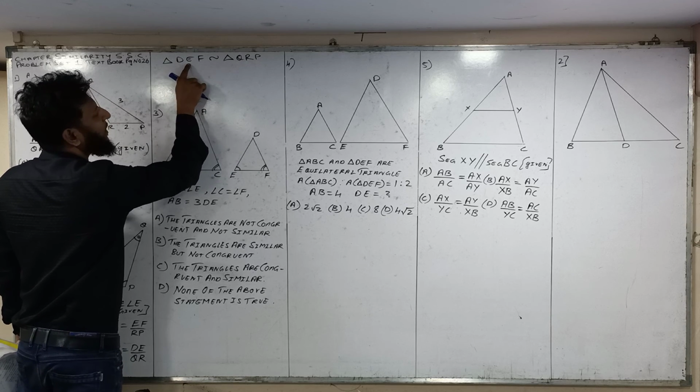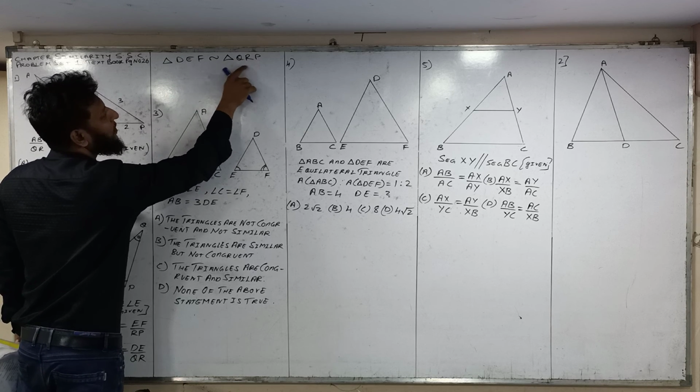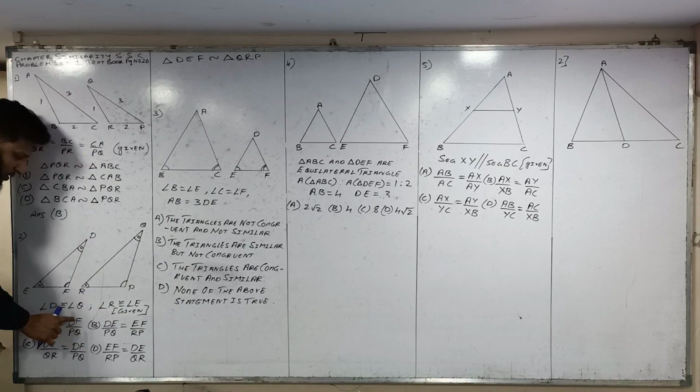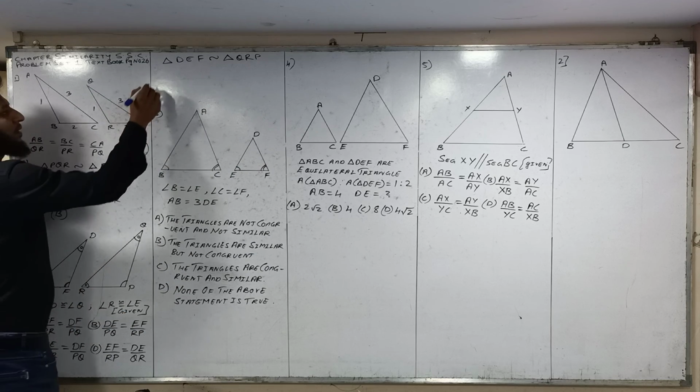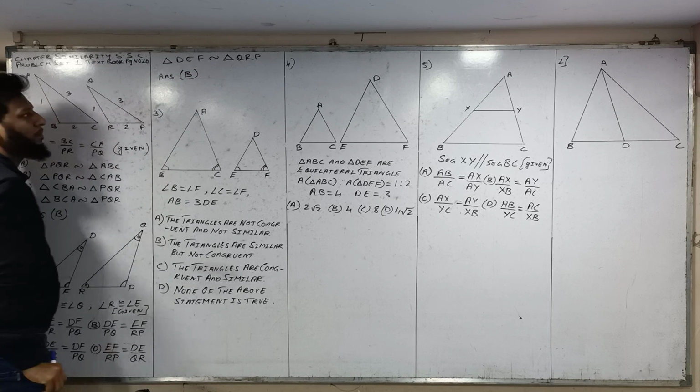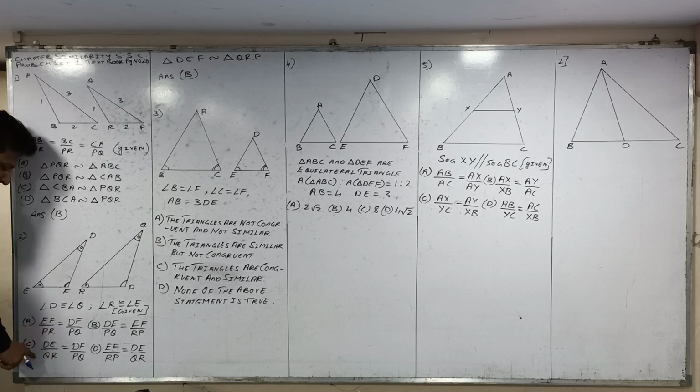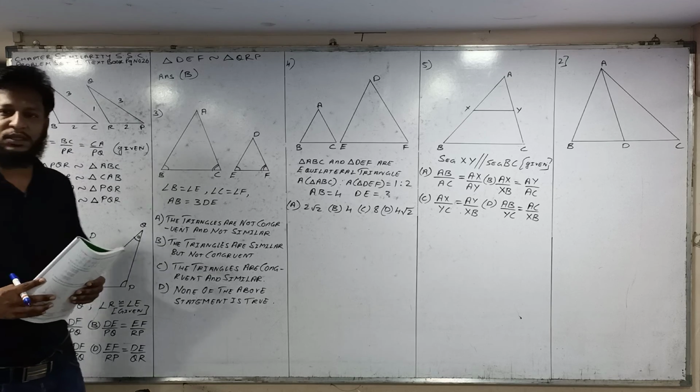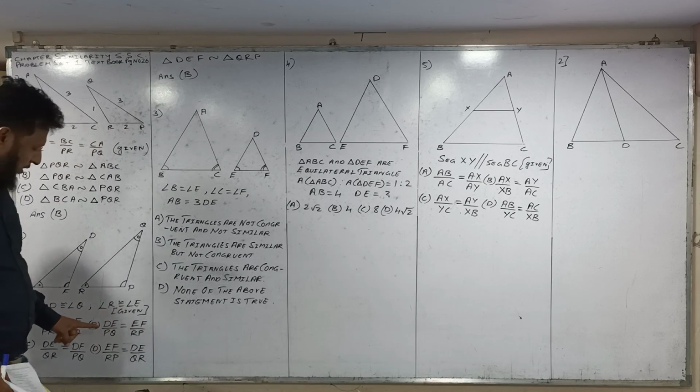Here first and second, here first and third. So this is wrong, and this is our answer. Our answer is B. So B is a false statement. That means C and D are correct statements. You have to find out the false statement, the wrong statement. So this is the wrong one.